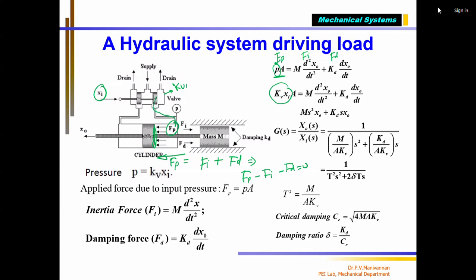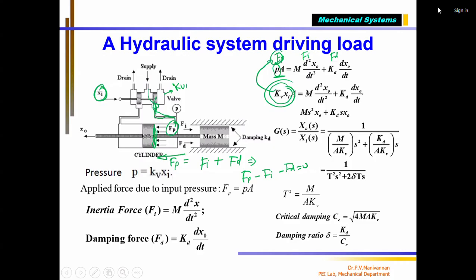Pressure of fluid means valve opening. This valve opening is going to decide how much fluid with pressure is entering here. That is controlled by xi. The valve has a valve constant. If I multiply it by this A, then I know the total force Fp. This whole term is Fp.